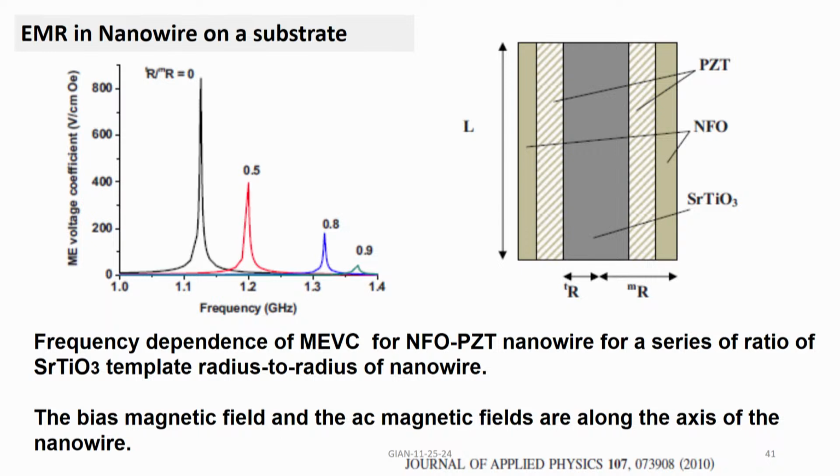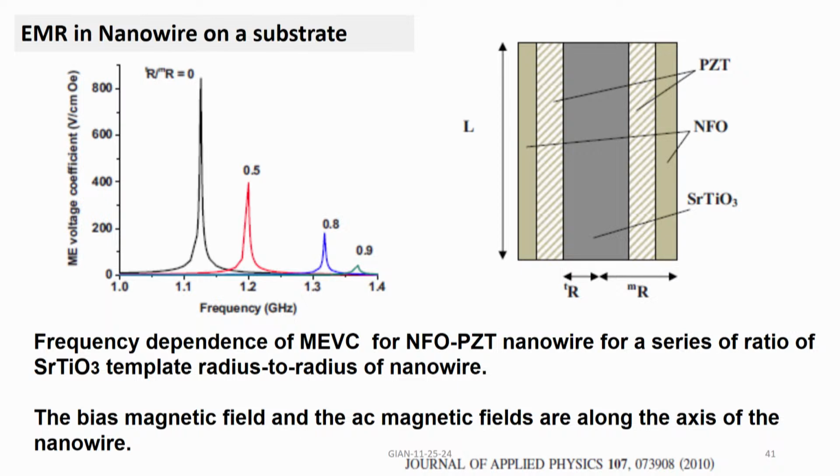This is a coaxial nanowire on a substrate. Once again, the substrate is strontium titanate, and the coaxial nanowire is made of a nickel ferrite shell. The core is PZT. You build on strontium titanate, and these are the electromechanical resonance or the longitudinal resonance along the length of the nanowire for different conditions.